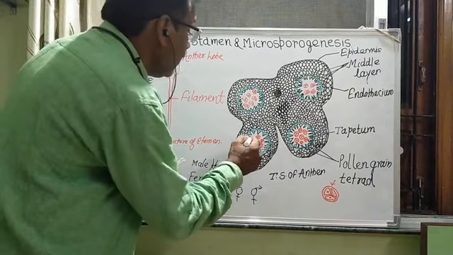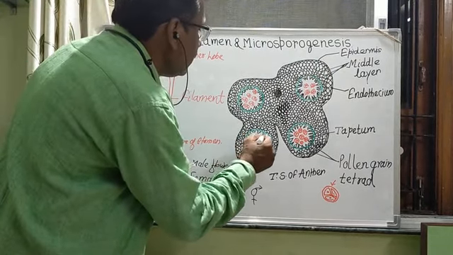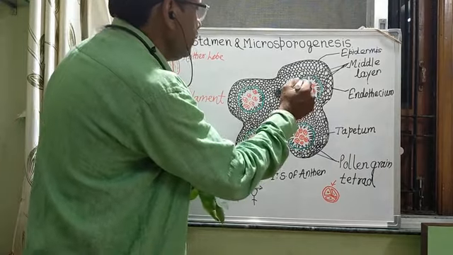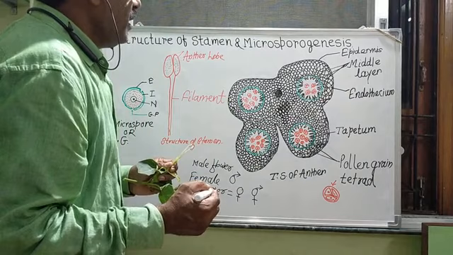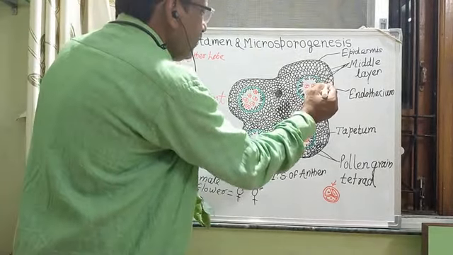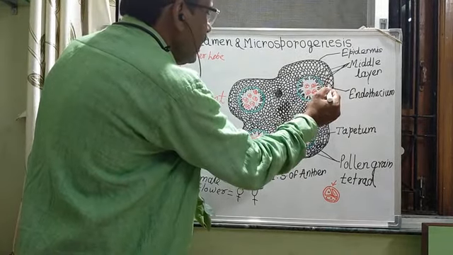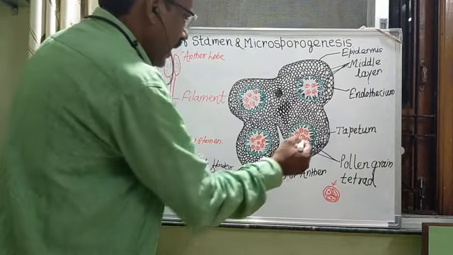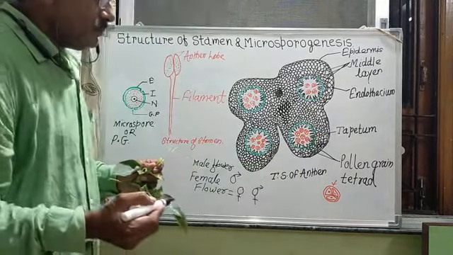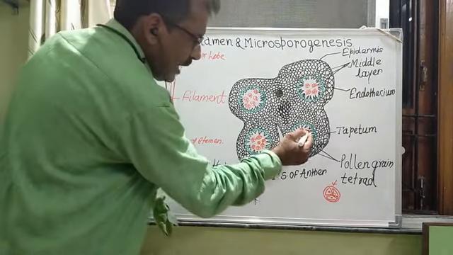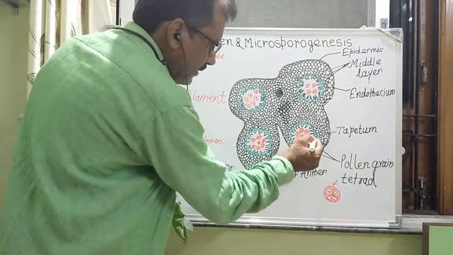In the center, it is covered by epidermis, middle layers and endothecium, and inner to that there is an important layer, the tapetum. Tapetum cells are somewhat different, larger in size.